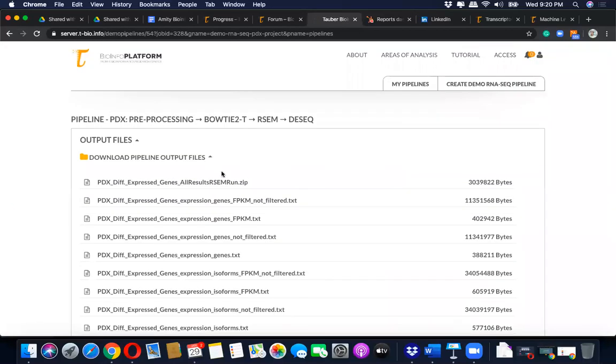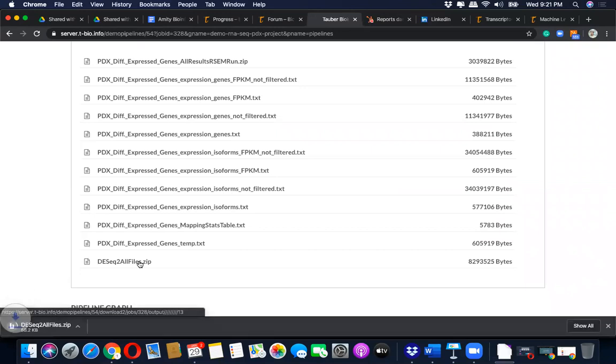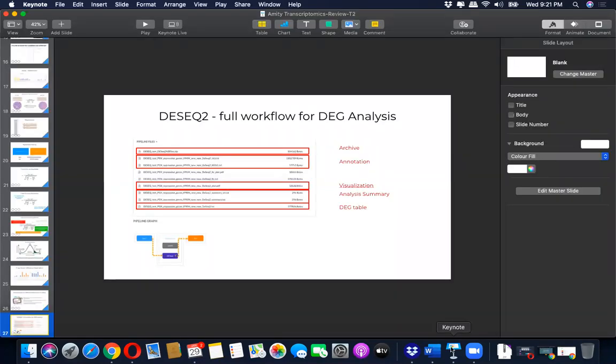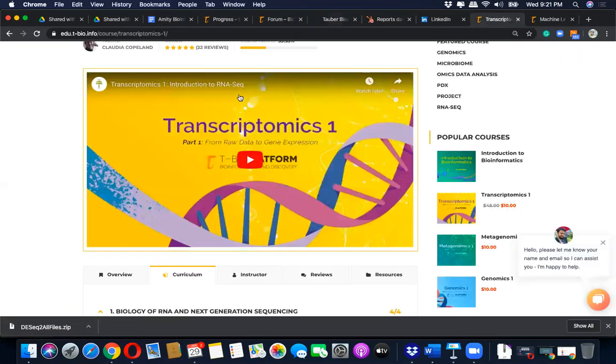Here, you can download this dsec all file.zip, and then you will find the files that we were discussing in the presentation. This is again well described in Transcriptomics 2, if I go to the course here.